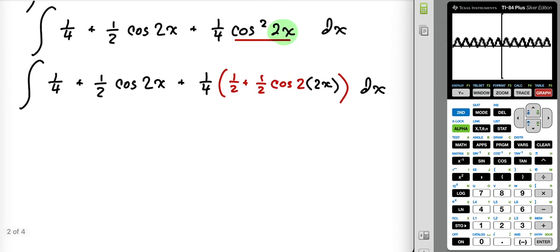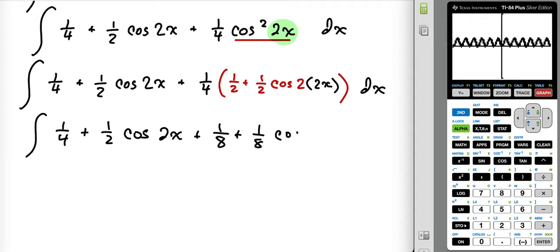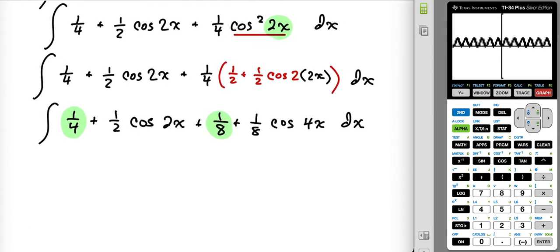A little bit of algebra: I have 1/8 plus 1/8 cosine 4x dx. I've got some like terms. So 1/4 plus 1/8, that's 2/8 plus 1/8 is 3/8, plus 1/2 cosine 2x, plus 1/8 cosine 4x.